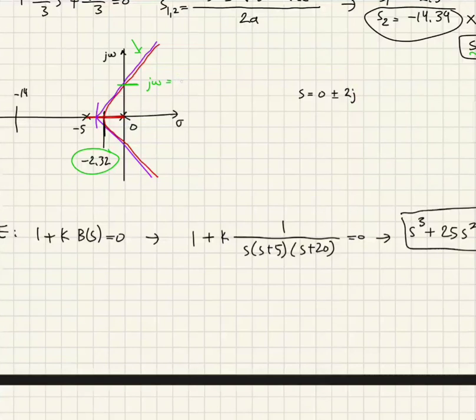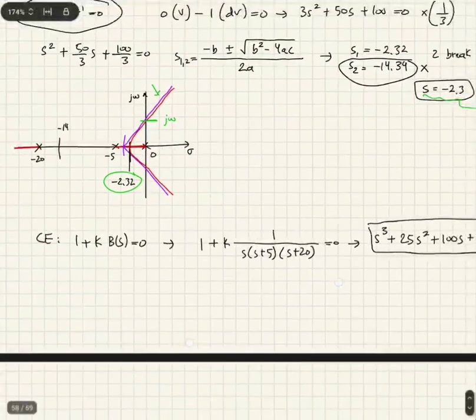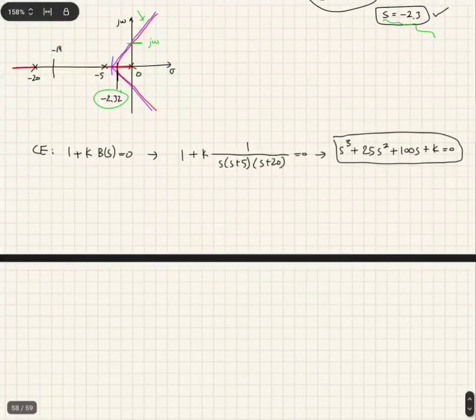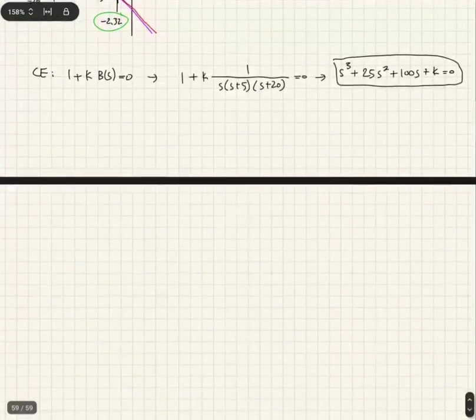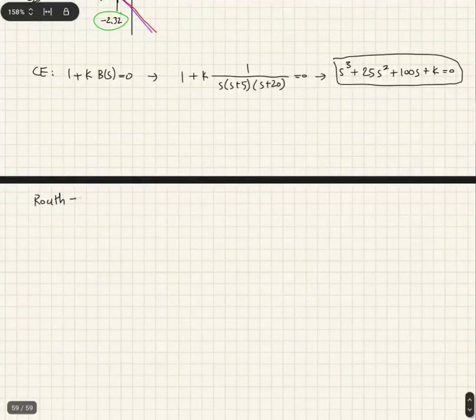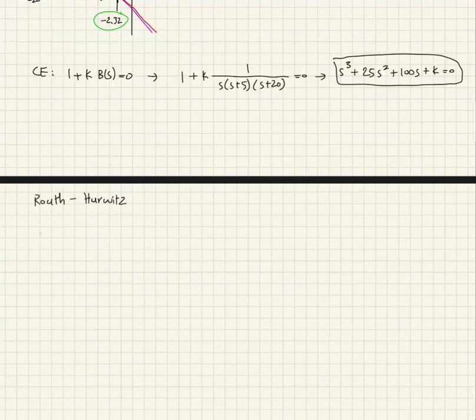It just means that this is 2j and then this here is -2j, okay? That's just the basic idea. And now we are actually gonna solve it, and we solve it using the Routh-Hurwitz method, okay? So s cube, s square, s1, s0.